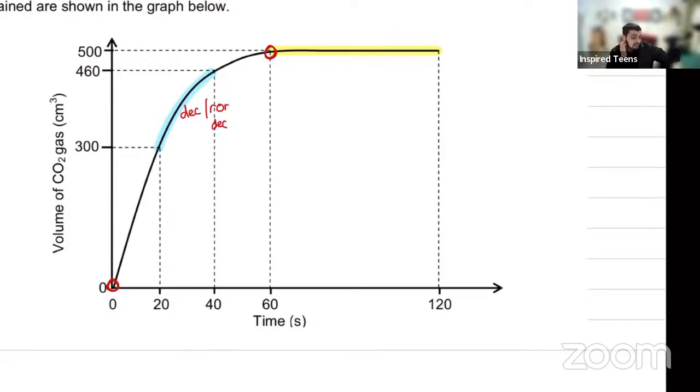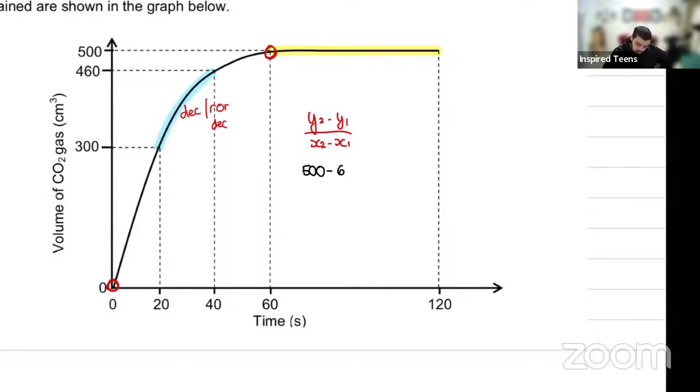So from the 500 centimeters cubed volume mark, from 0 to 500. And remember, you're doing y2 minus y1 over x2 minus x1. We start off, obviously, at the bigger point. Y2 is 500, we take the y value.